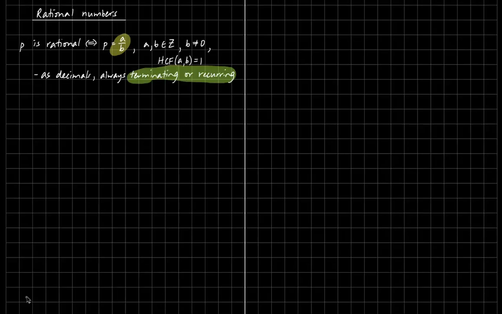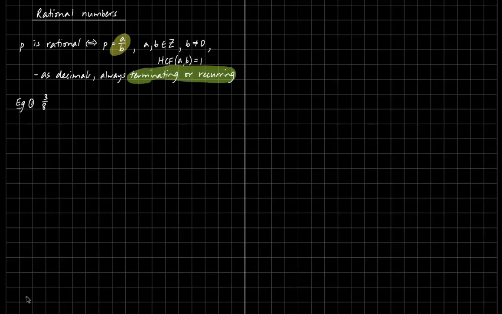Let's consider a few examples of each of those. First, let's do a couple of examples where we show that every ratio of two integers can be written as a terminating or recurring decimal.